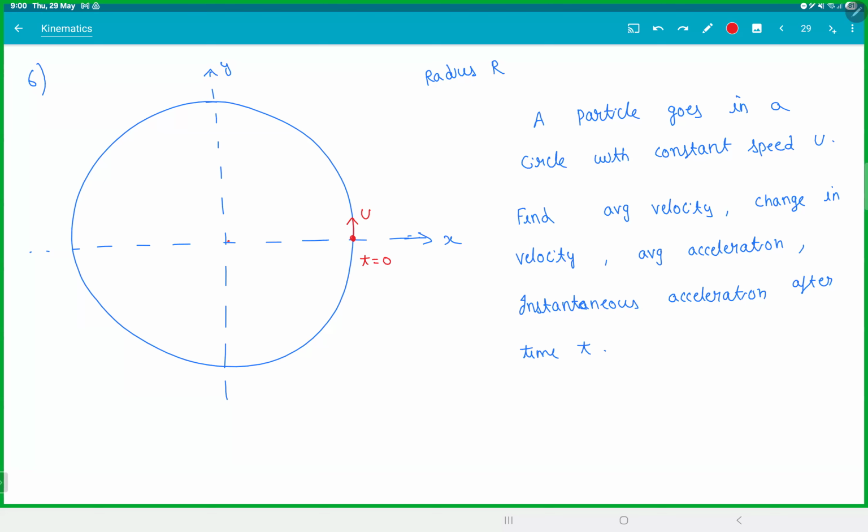Arya, are you there? Yes, sir. Look at the question. We have a particle going in a circle with speed u at t equals 0. Find the average velocity, change in velocity, average acceleration, and instantaneous acceleration after time t. 4 questions.